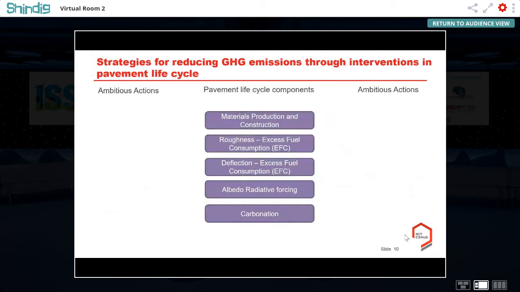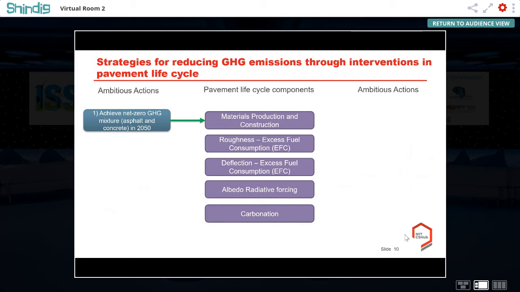So to do that, we define a set of ambitious actions, which are attributed to some of the pavement life cycle components. Some of them have a negative, some a positive impact on the pavement life cycle component emissions. For example, one of the ambitious actions that we define is achieving net zero GHG mixtures for both asphalt and concrete in 2050.